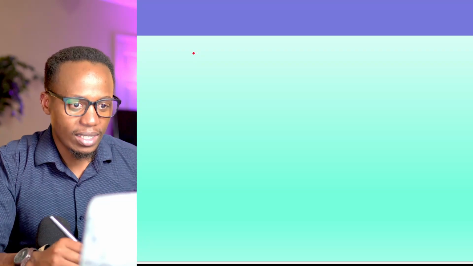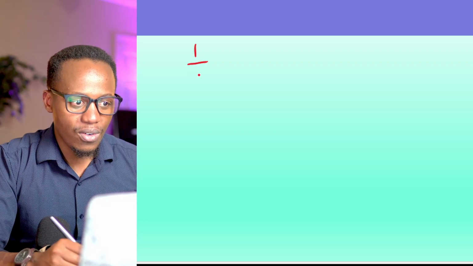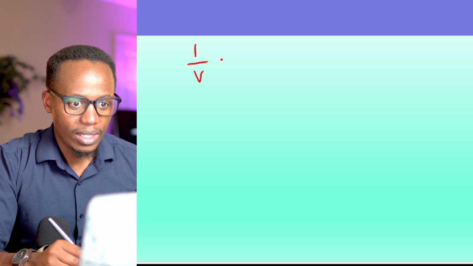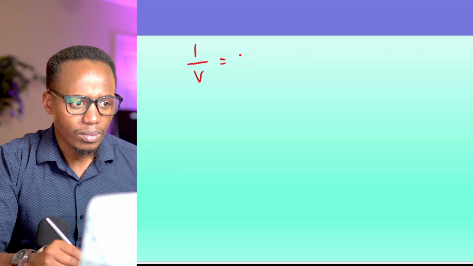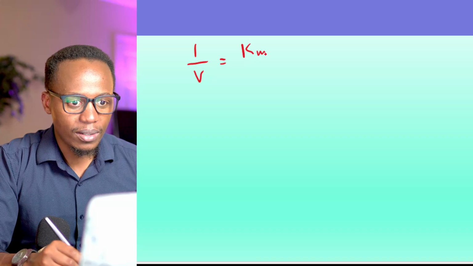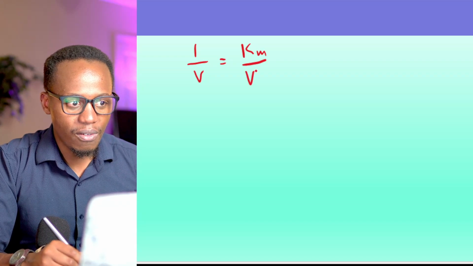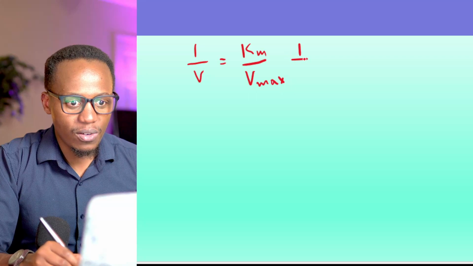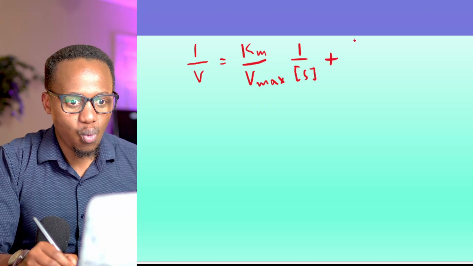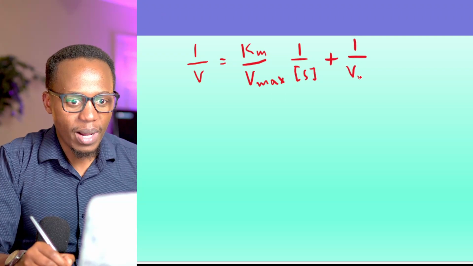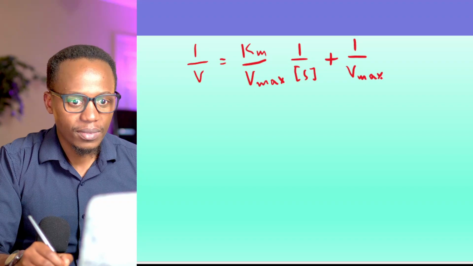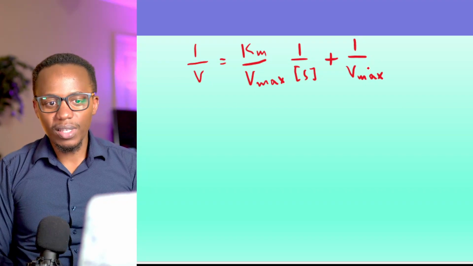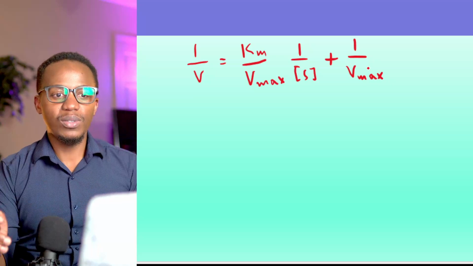So again, it is 1 over V is equal to Km over Vmax times 1 over S plus 1 over Vmax. Now, why do we care about this so much?